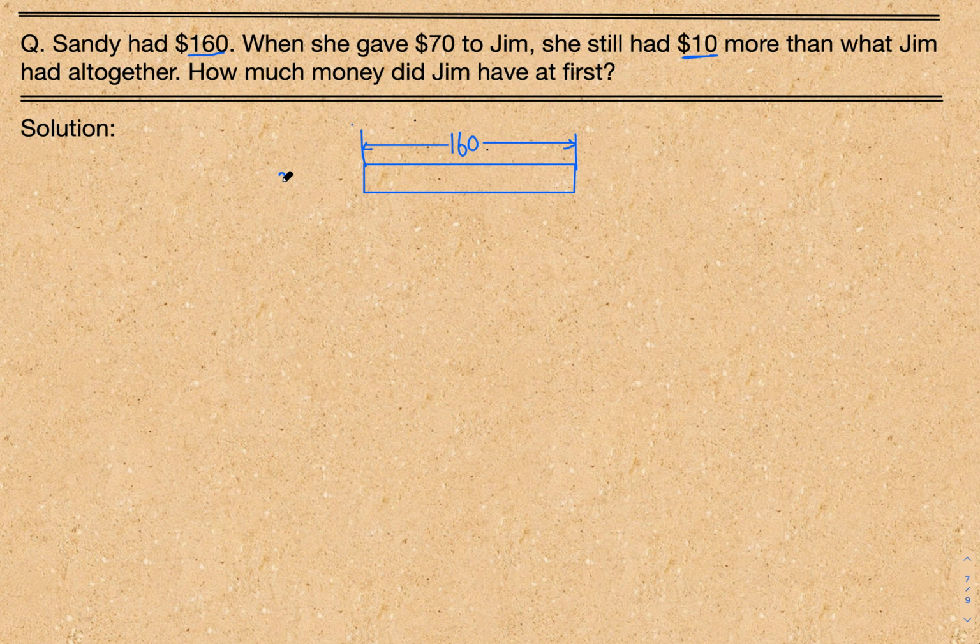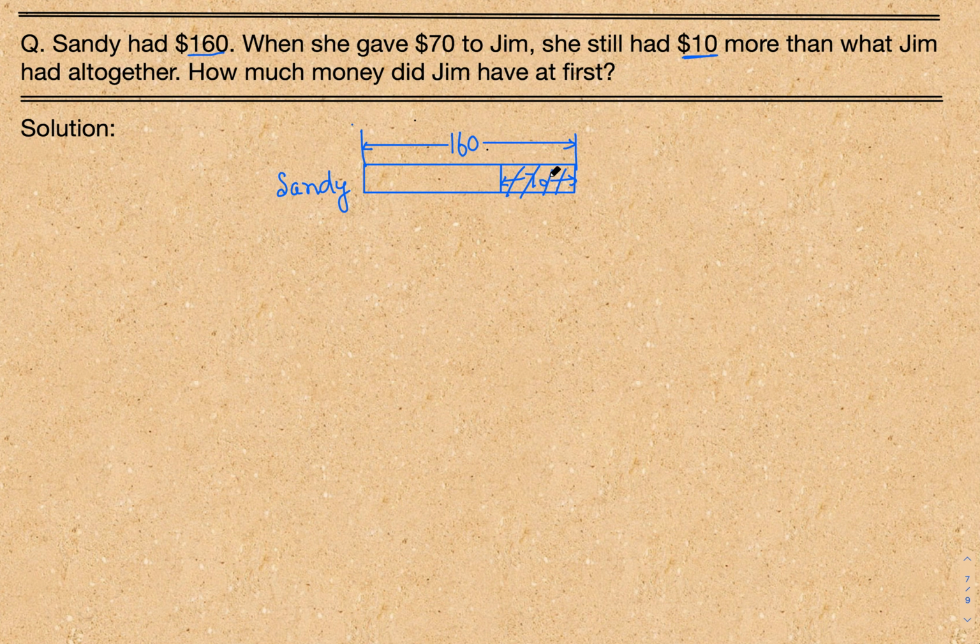Then what she did, she gave $70 to Jim. So let's take out her $70 first. So let's say this is her $70 and she has given this much to Jim.